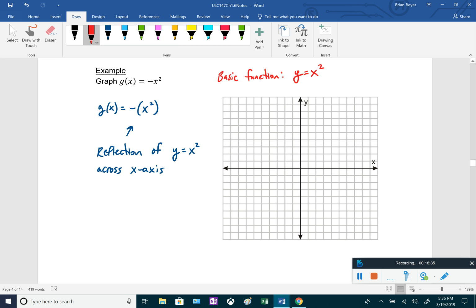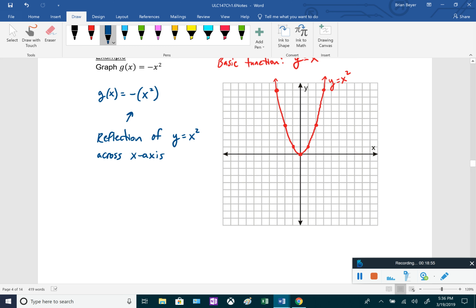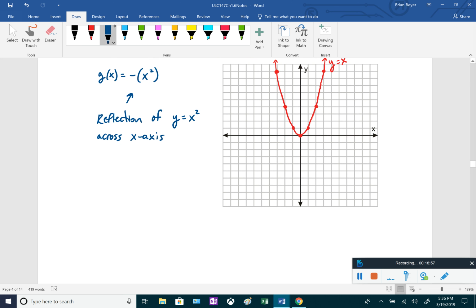So let's graph y equals x squared. Hopefully, once again, you're comfortable graphing this. So that's y equals x squared. Now we're going to graph g of x. We're going to take those points and negate the y values. So instead of -3, 9, it's going to be -3, -9.